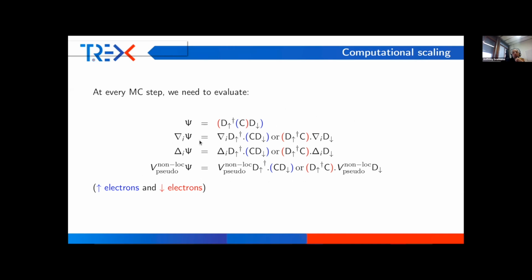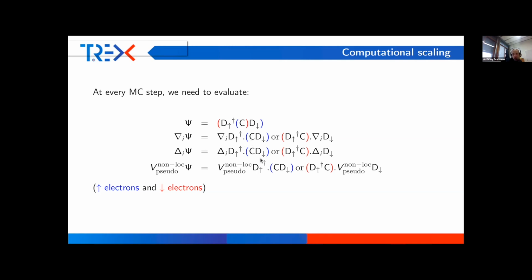Okay, so now to evaluate the gradient, you can have here a little matrix which is the gradient of the d up vector multiplied by C d down, and so this will be the gradient for the upspin electrons, and the gradient for the downspin electrons will have this expression here, where you apply the gradient only to this part and multiply by this.